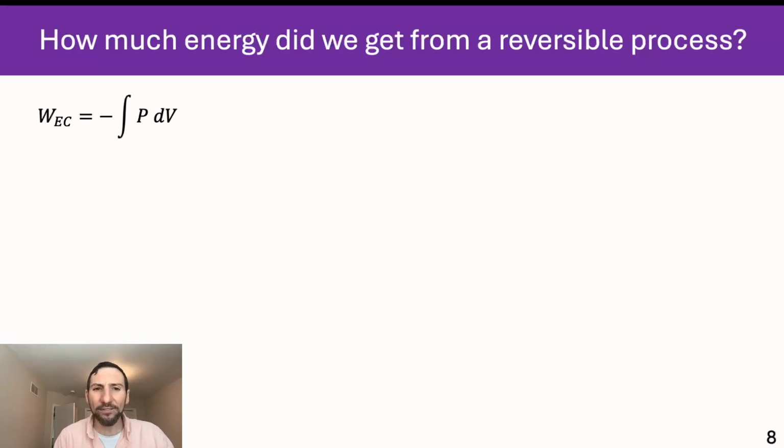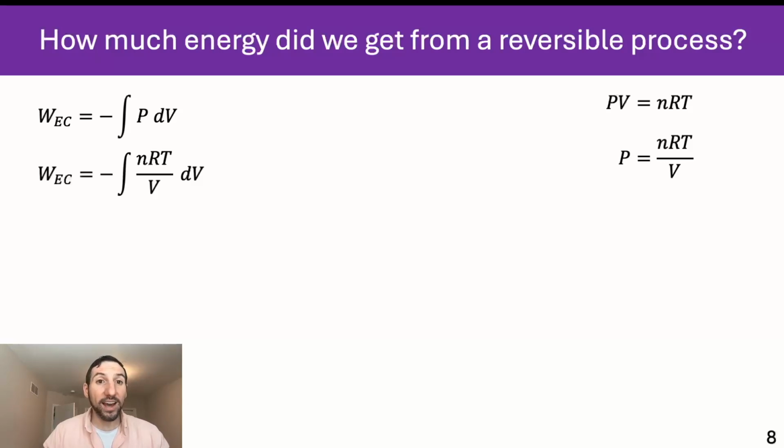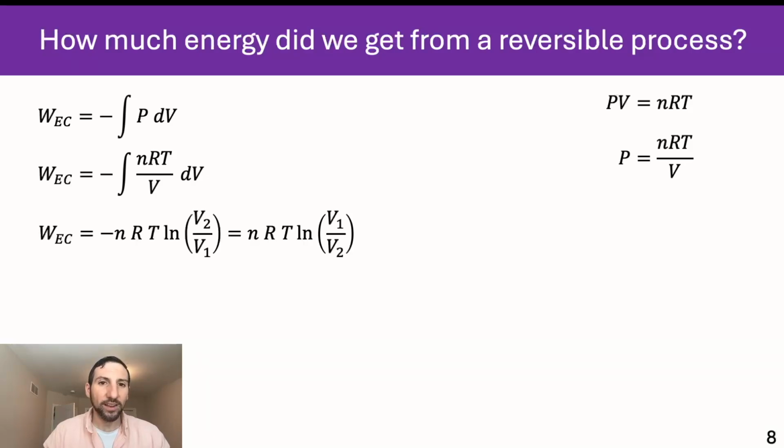So we're going to have to redefine P some way in order to do my integration for my work. In this case, if we assume that we have an ideal gas inside my chamber, we can use PV equals nRT. We can rearrange for my pressure and say that pressure equals nRT over V. And now we can substitute that into my integral and perform an integration.